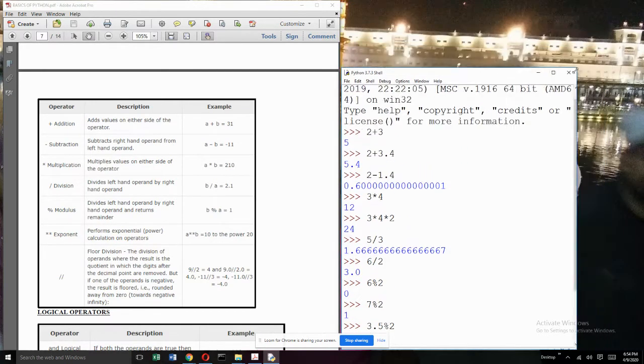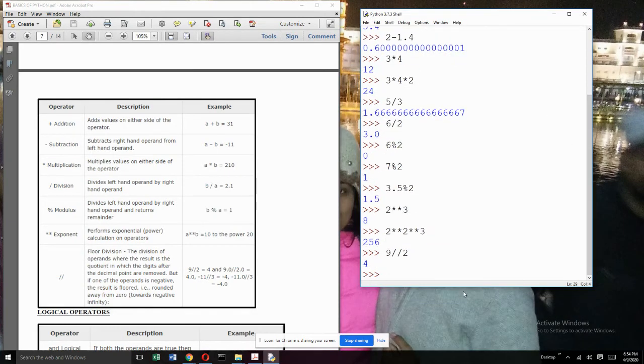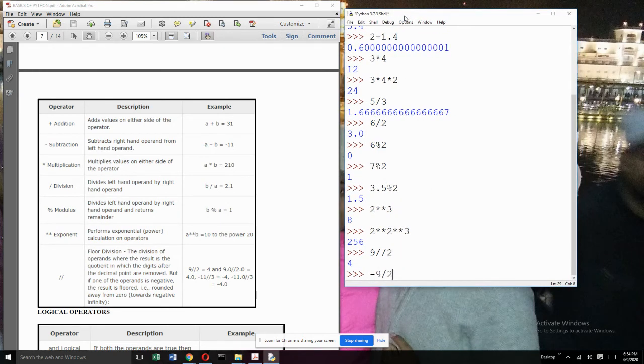Now, if you have negative numbers, for example, either the numerator or the denominator is negative, for example minus 9 by 2, then the answer is floored. That means it will be rounded off to the smaller number. So what is minus 9 floor division by 2?